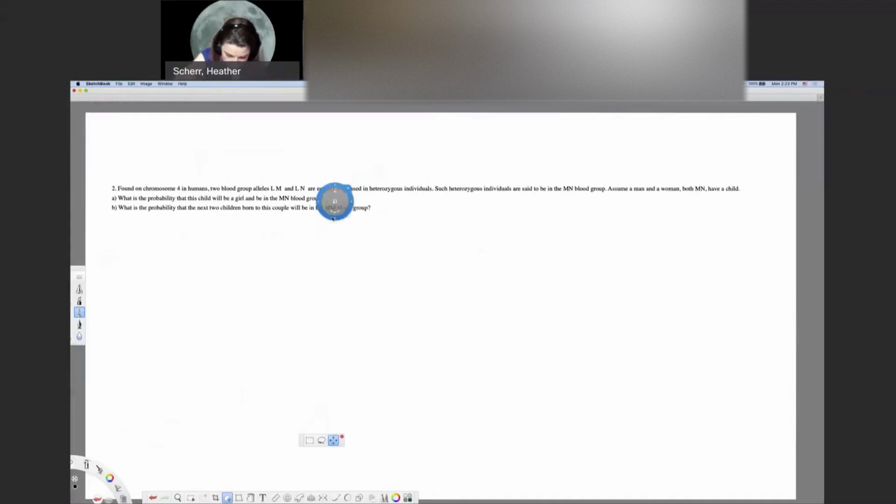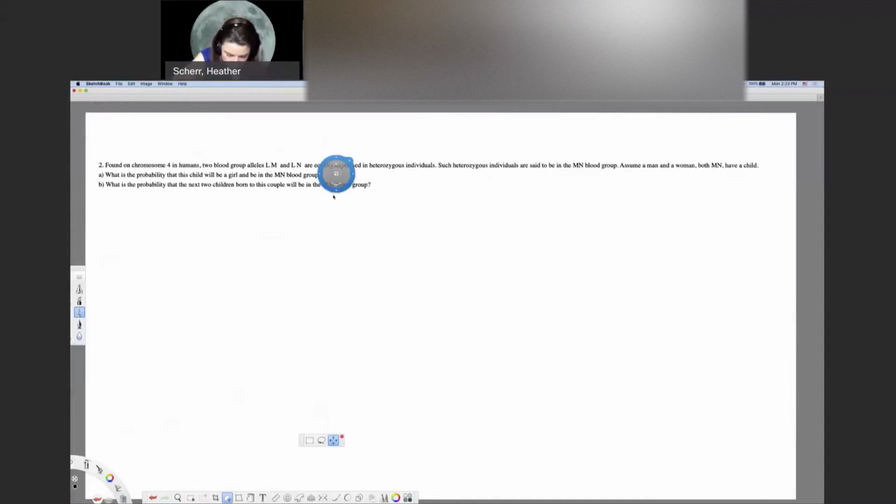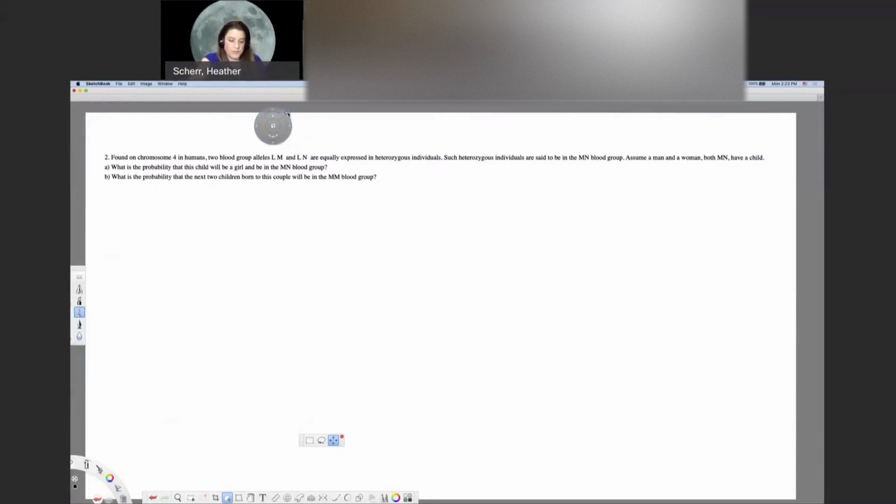All right, we're going to look at a multiple part thing. Found on chromosome 4, in humans, there's another blood type besides the ABO. There's MN. And instead of writing IA, IB, little i, in this case we have L^M and L^N.